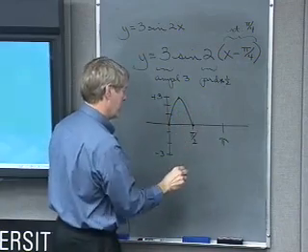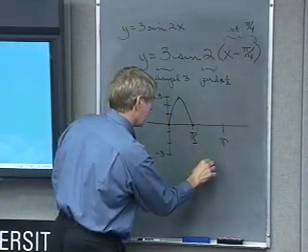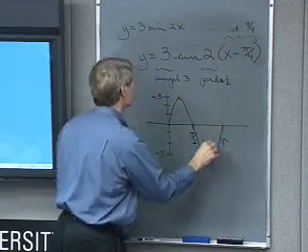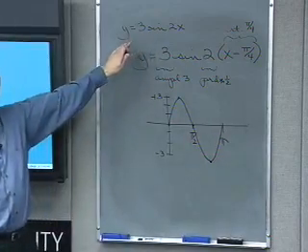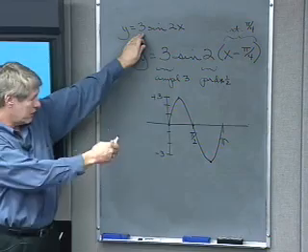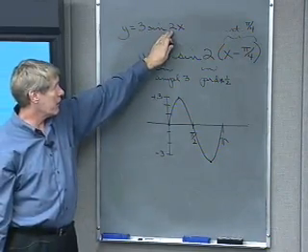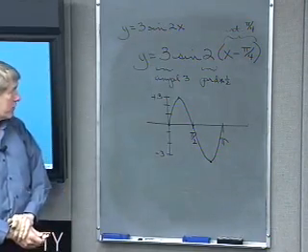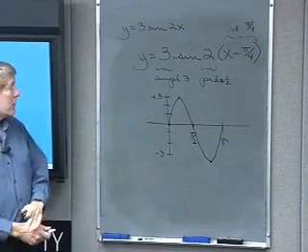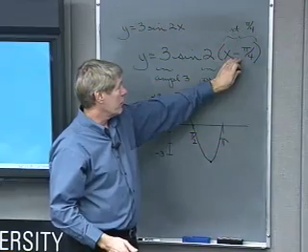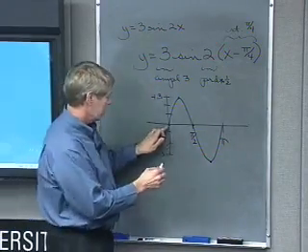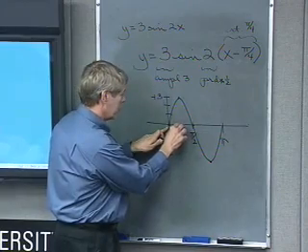This is a sketch, by the way, not a graph. Does that seem to do what it's supposed to do here? Amplitude of 3, up to 3, down to negative 3. We doubled the angle prior to taking its sine, which should cut the period in half. Should be done with a full sine cycle by pi. Now I want to institute this phase shift of shifting points over to the right, pi over 4. Let's take this point, move it over here to the right.